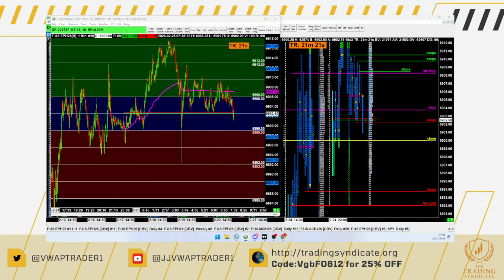What we're going to be looking for is when London opens, is London going to take that overnight low at 68.92 and we're going to test the bid.